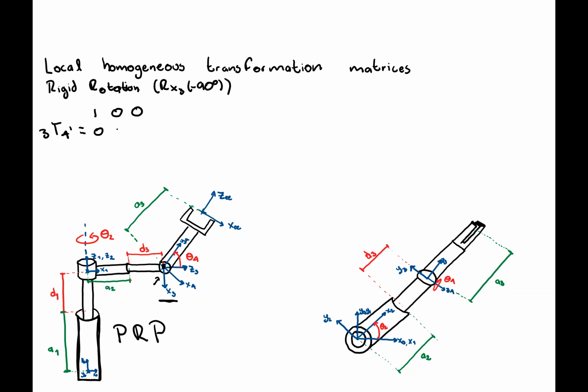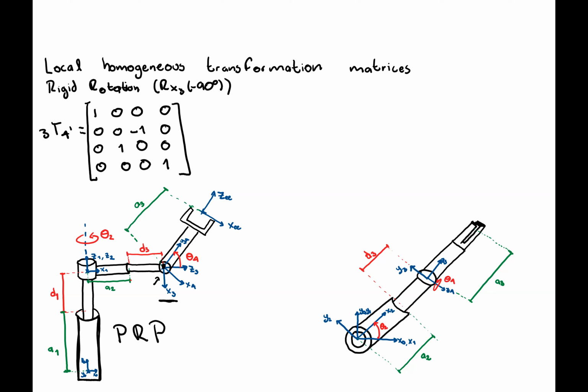It becomes this. Remember that this is a minus sign, this is a cosine of 90, which becomes 0. And then, sorry, this is a sine, but because we are doing minus 90, this becomes a minus 1 right here. And then this one becomes 0, 1, 0 here. We have our 3 zeros here. Okay, and then this becomes 0, 0, 1.